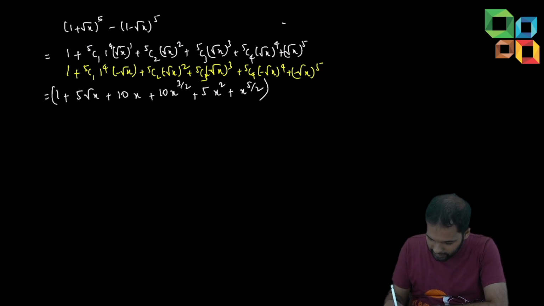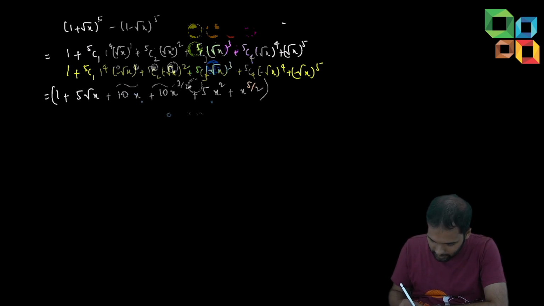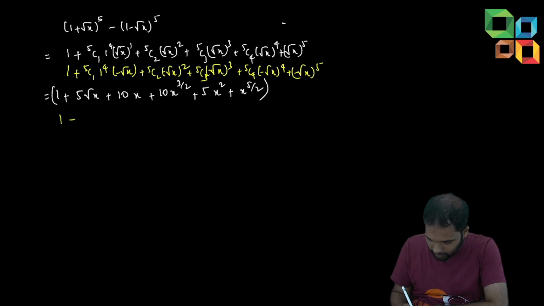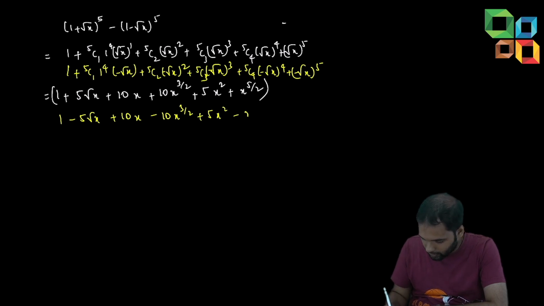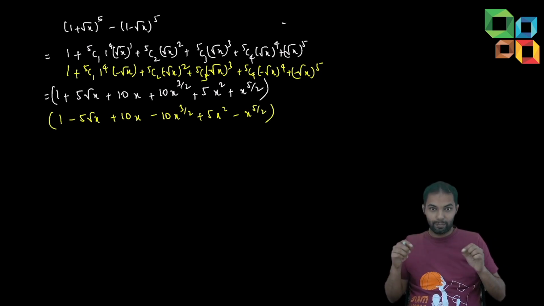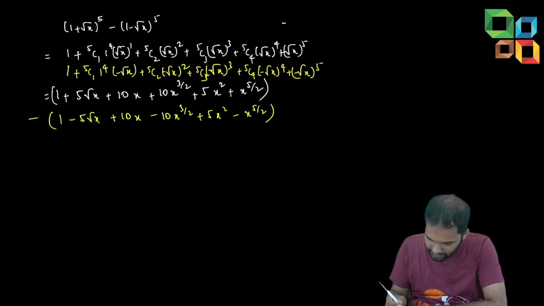Can we try to write it down the similar way here? So it's 1. Instead of plus, I'll have a minus here. Rest of the terms are alternating. x power 3 by 2 plus 5x squared minus x power 5. So I don't have to add these terms, I have to subtract them, right? So I'll add a minus sign.